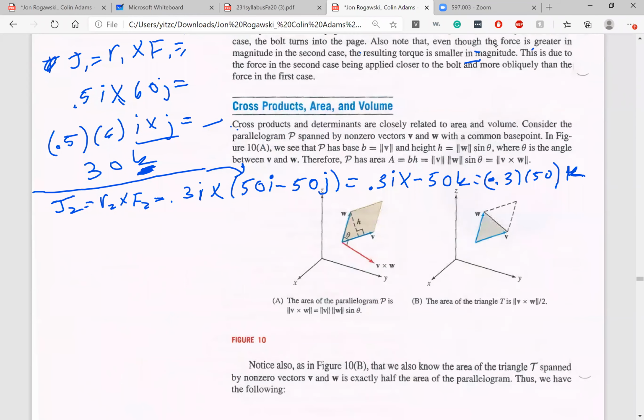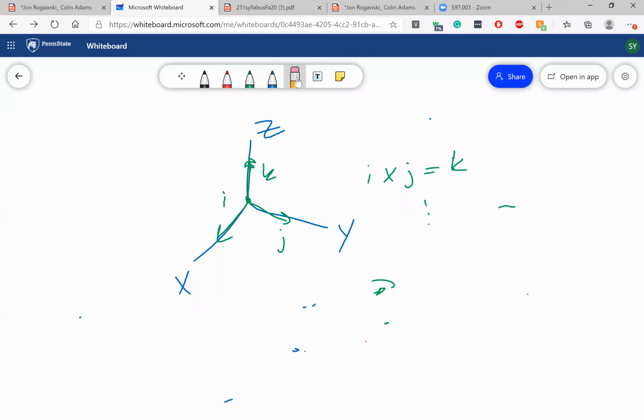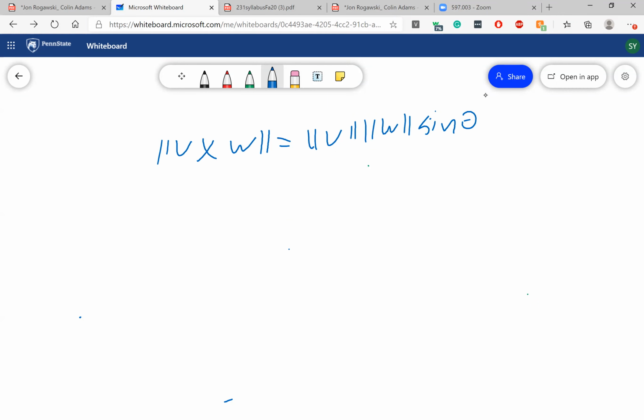So now, like I said, this equation can be used to find the height.